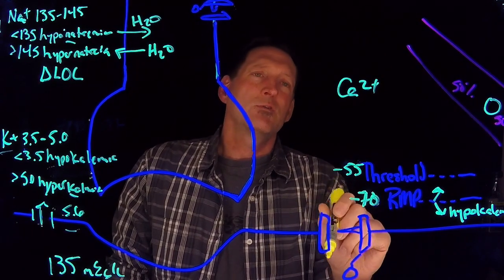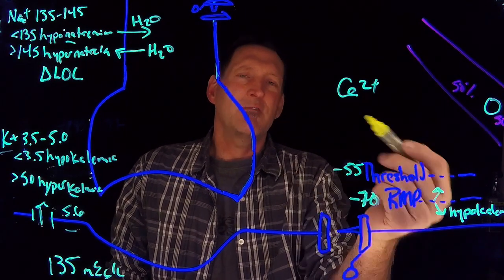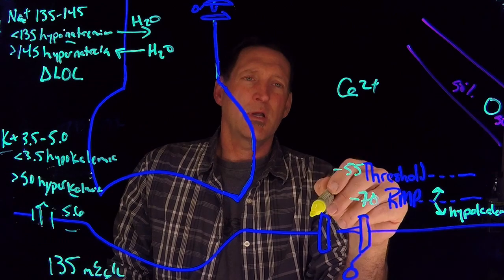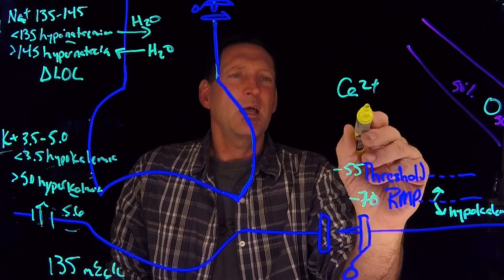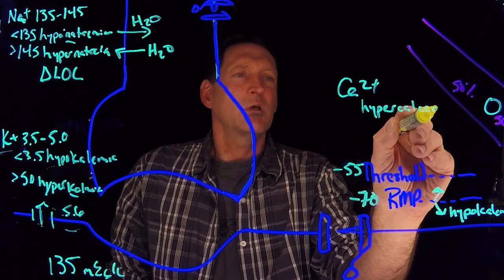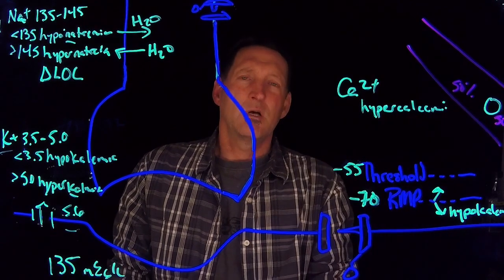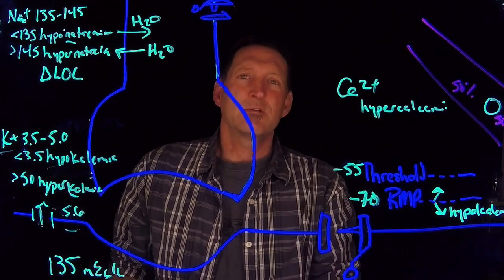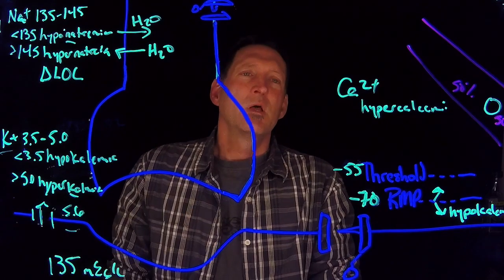Now, if I were to look at calcium, I can have hypocalcemia or hypercalcemia. So if I have hypercalcemia, I've got too much basically ionized calcium because it's physiologically available to do work.